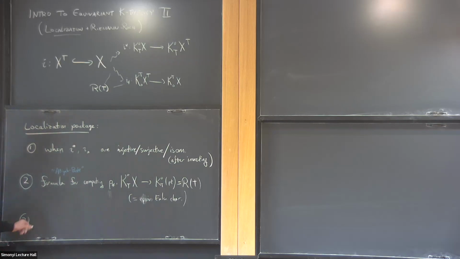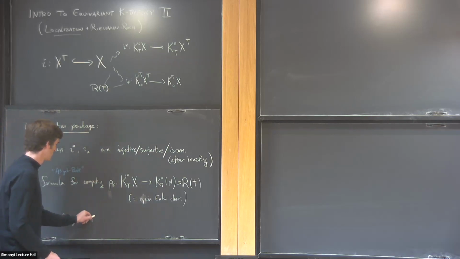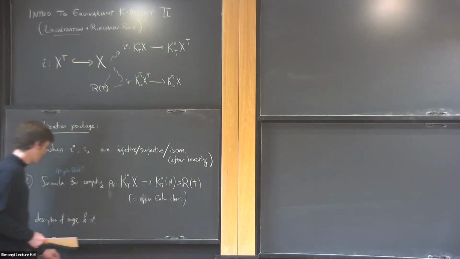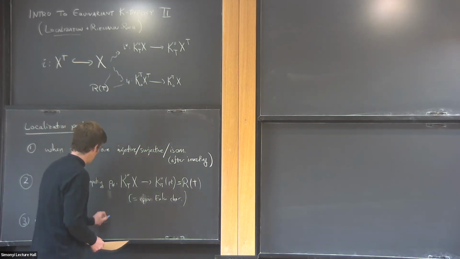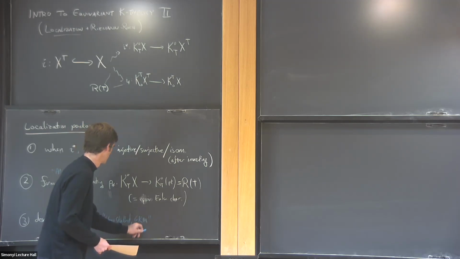And then finally, a description of the image of the restriction map. Again, say in the non-singular case. Okay, and this is something that gets called either the Chang-Skelbred theorem or GKM recursion.